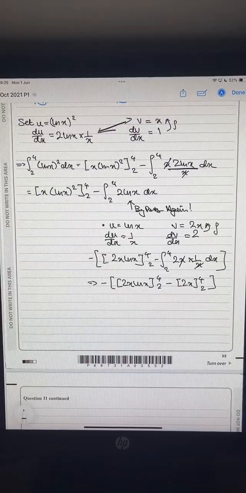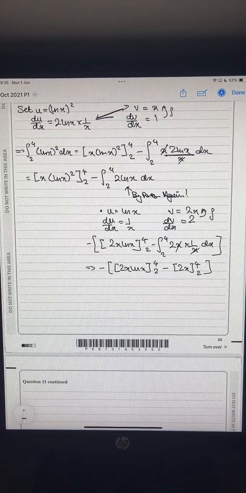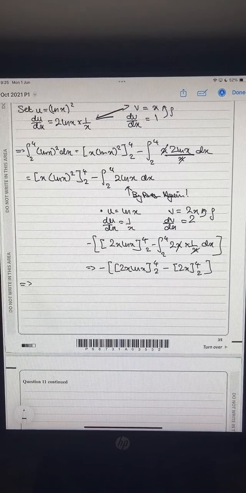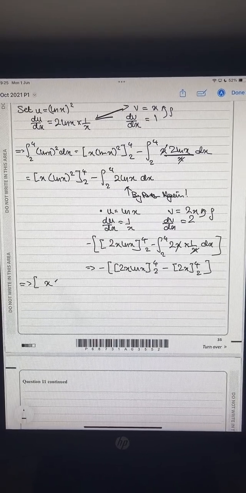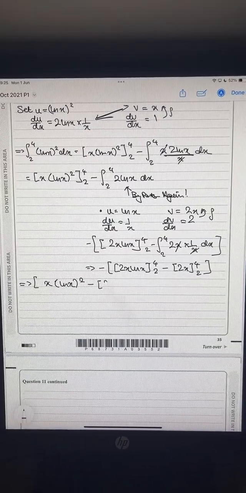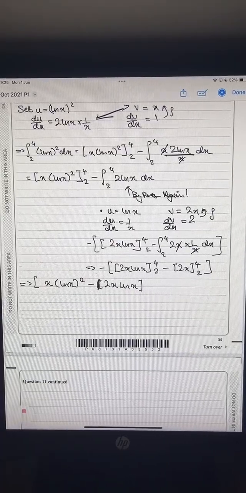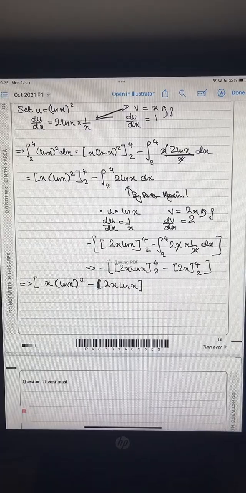And now I can just put everything together because I am evaluating everything from 4 to 2. So if I just put that all together, I have x times ln x squared minus 2x ln x. I don't need those brackets anymore.